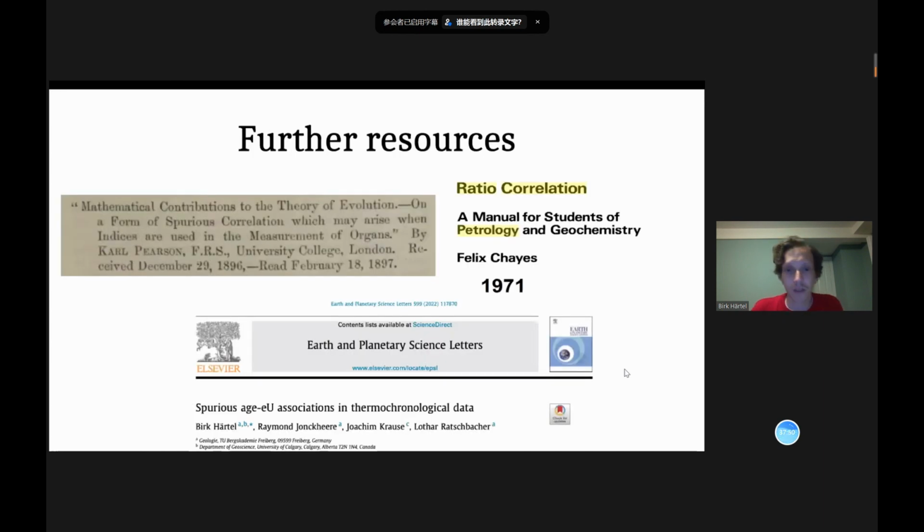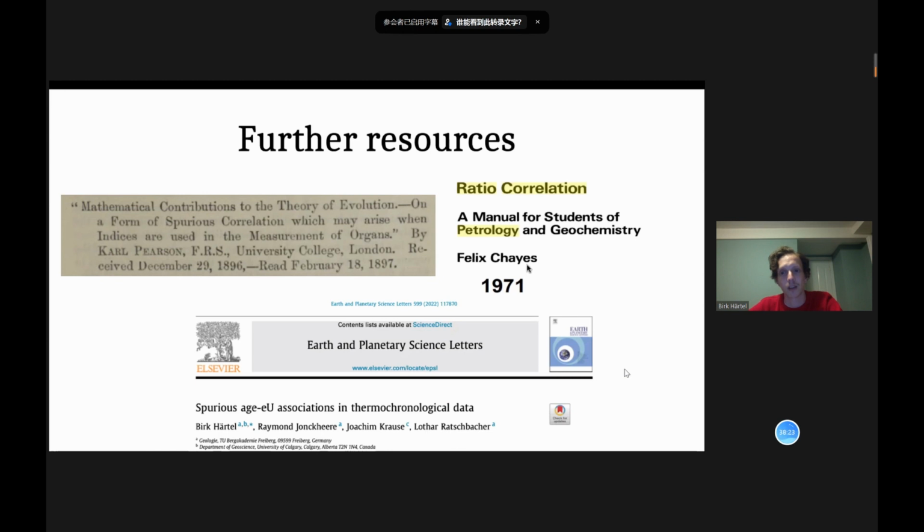So to give you some further resources on the topic of spurious correlation, I want to recommend especially three works. One, the oldest one, is a paper by Karl Pearson, which is the first source that I found on this topic, and which gives basically the mathematical derivation of the formula I showed to calculate spurious correlation between ratios. Then there is a second resource that I can highly recommend, which is a book by Felix Chayes on ratio correlation.